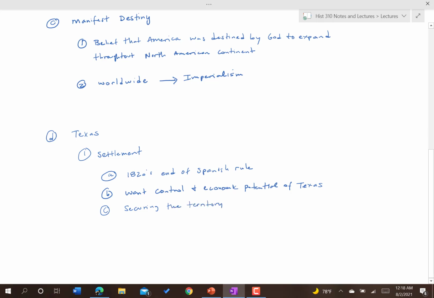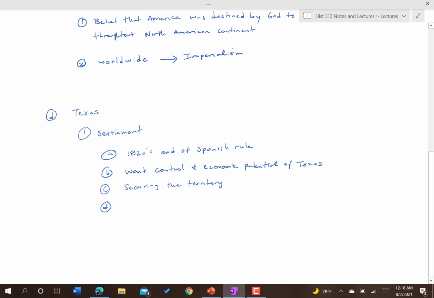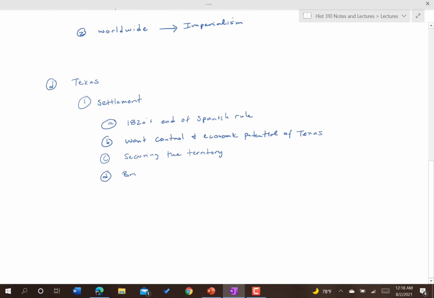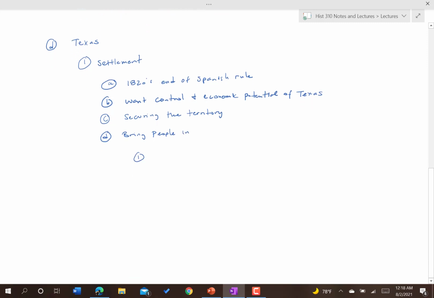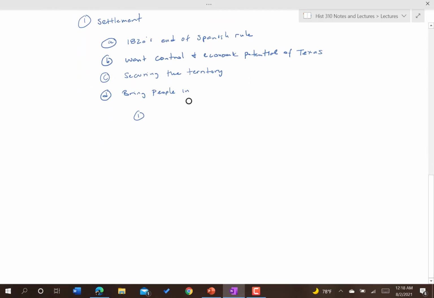And so what they looked to do was bring people in. The people they brought in were some Americans, not everyone. But what they ended up doing is encouraging Americans to move to Texas. And the hope is that by having them come in and move in here, it would strengthen the border.